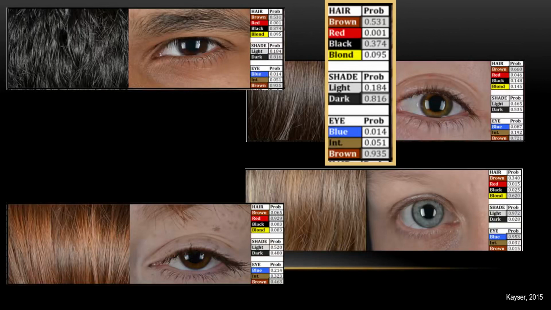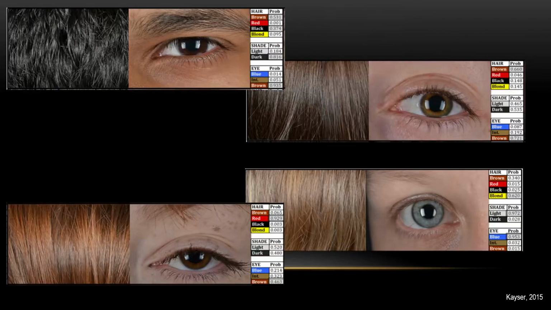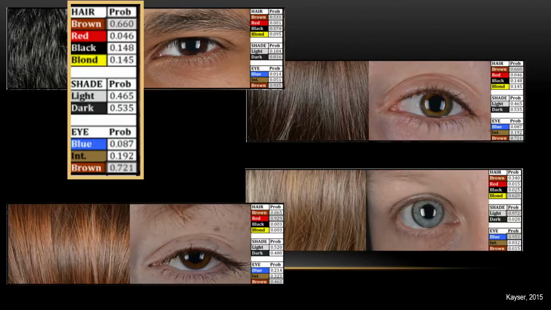And the brown eyes were also correct with over 90% certainty. For the brown-haired person here, you have about 66% likelihood for brown hair. And also, it could have gone even black or blonde here. The shade here was not quite as accurate.